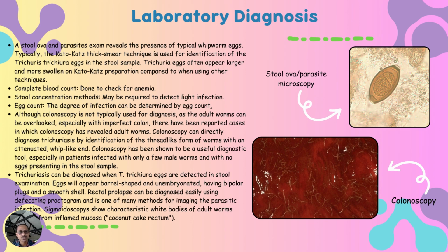One may also do a complete blood count to check for anemia. Egg counts are usually done through parasite exam or microscopy. However, in rare cases, a person may undergo colonoscopy for the diagnosis, but that is very rarely done.